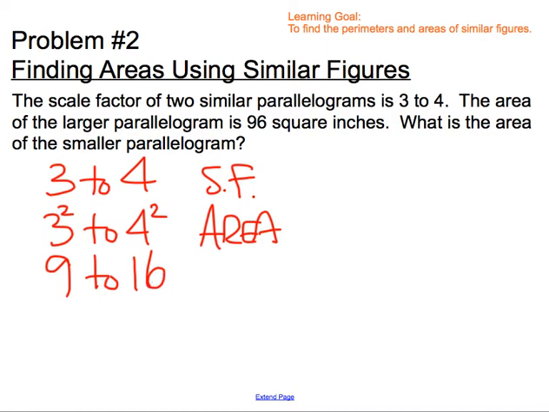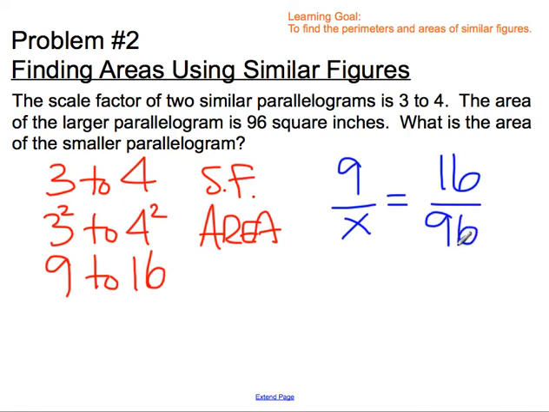So we can solve this by using a proportion. We know that 9 is to x as 16 is to its area, 96. Again, we're trying to find the area of the smaller parallelogram, x. So we're comparing 9 to the smaller one, and that is the same as 16 to the larger one.